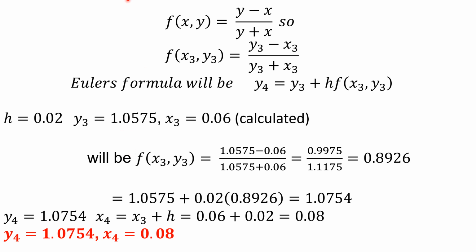In this way, you can calculate x4, y4. x4 is basically one more step: x3 we already calculated, plus h, 0.08. So in this way, the value of y4 we can calculate. We have calculated x4 and y4, and so on. You can go further and further until the required value is reached.